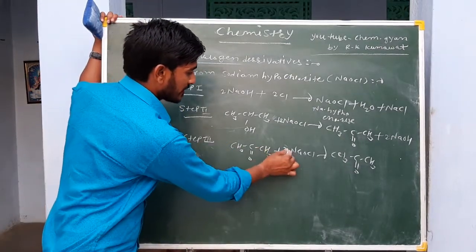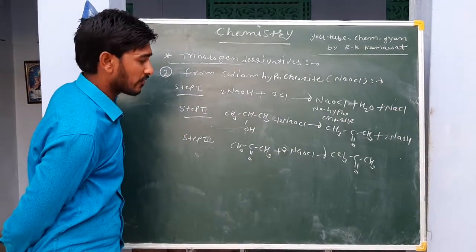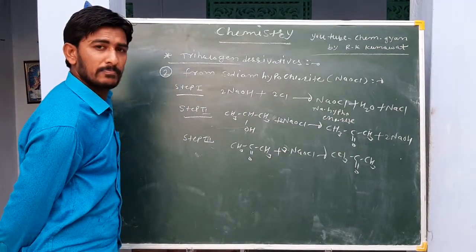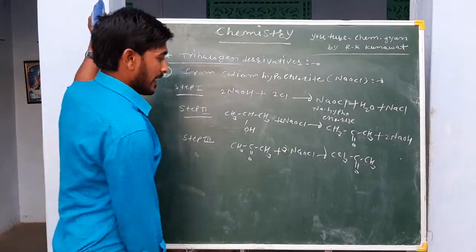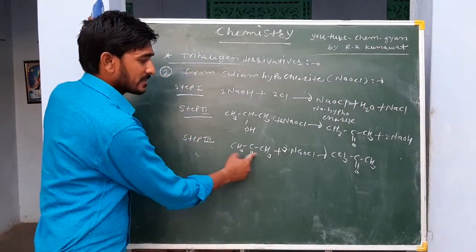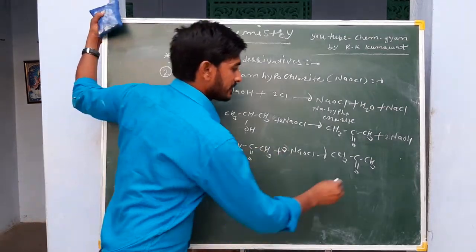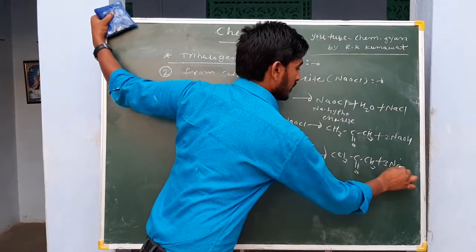Here we used only 3 NaOCl sodium hypochlorite molecules, and 3 hydrogen replaced by 3 Cl atoms and 3 NaOH removed in this step.